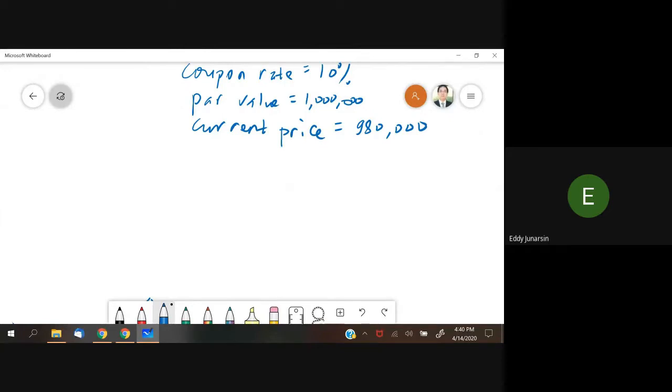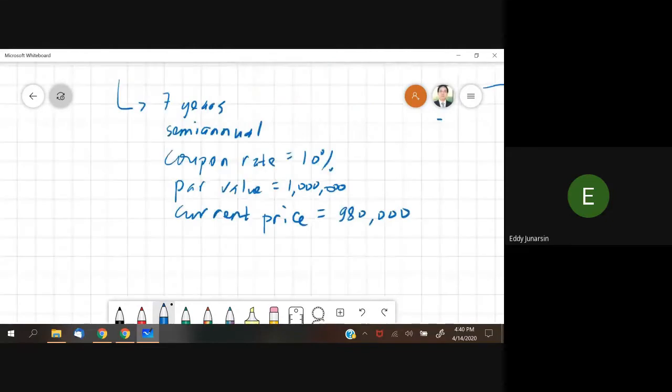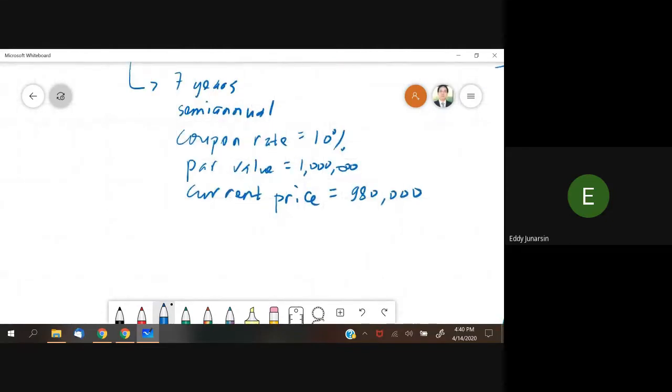If you don't remember, you can go to my lecture on bond valuation. With this information, we could estimate the yield. Yield to maturity is the real result that you enjoy if you hold the bond until maturity.